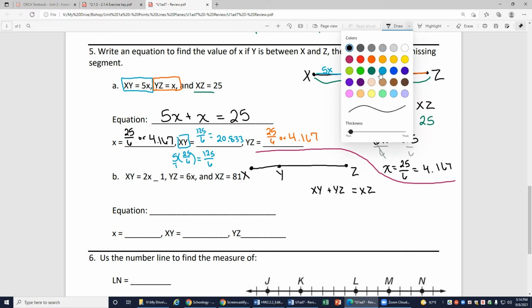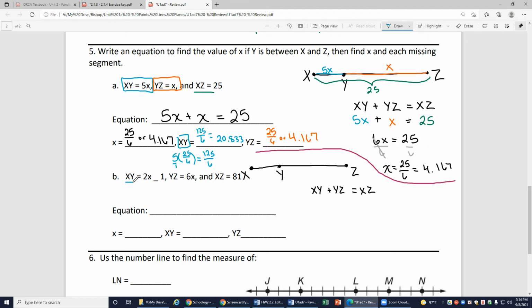And then as I go through, I can see that xy is 2x minus 1. Let me make sure that's what I have, that it didn't do something weird when it converted in the PDF. Okay. All right, 2x minus 1 for the left side. So I know xy here is going to be 2x minus 1.